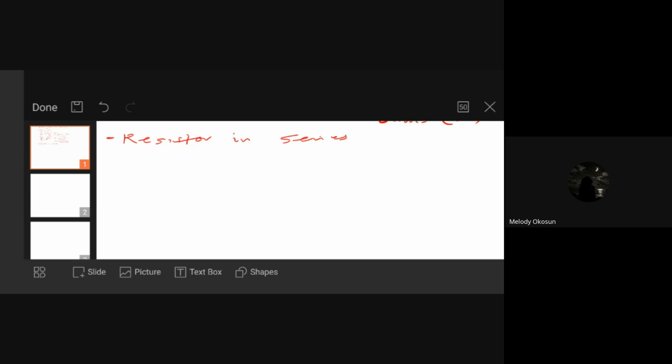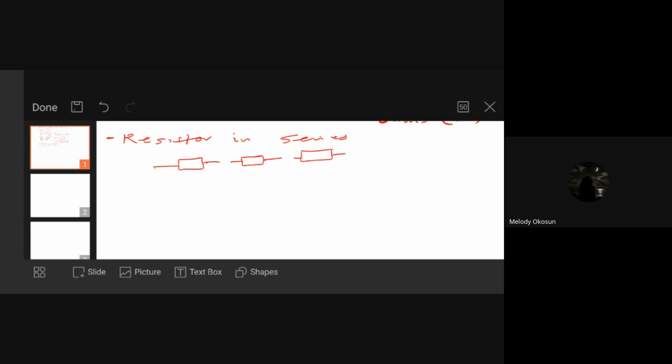If I have a resistor, this is the symbol of a resistor here, something like this. Let's say I have a resistor, I have another resistor, perhaps let me even make it three. I have another resistor like this. So all these are resistors.